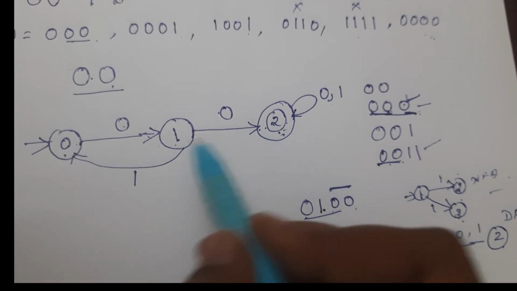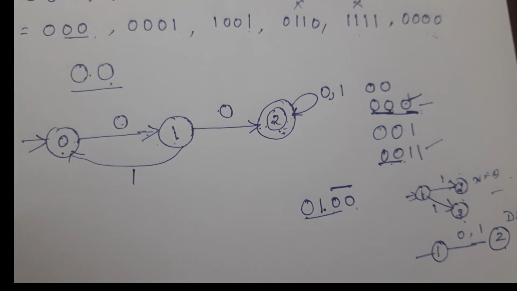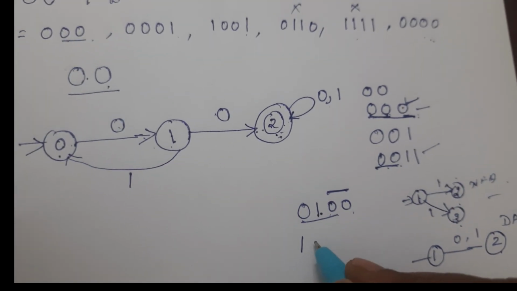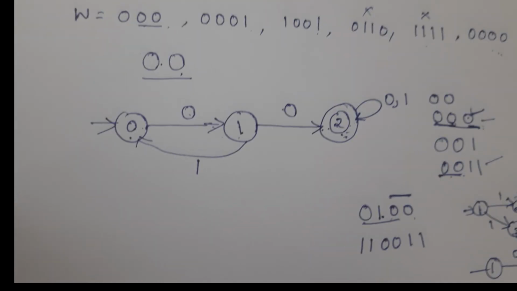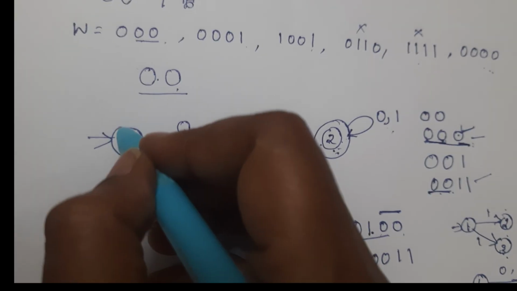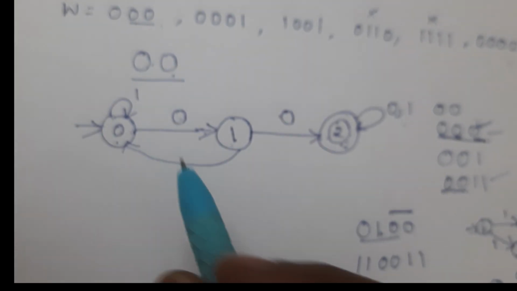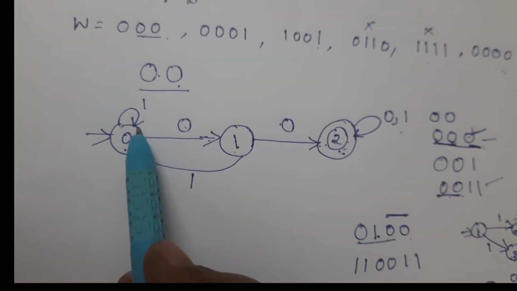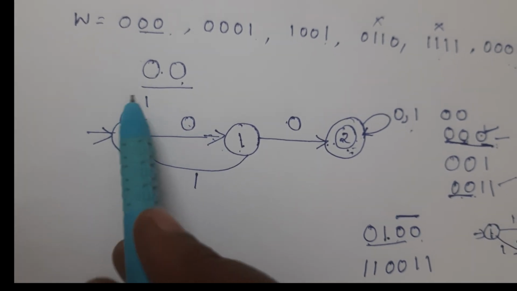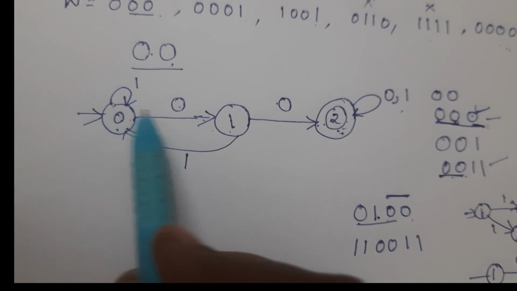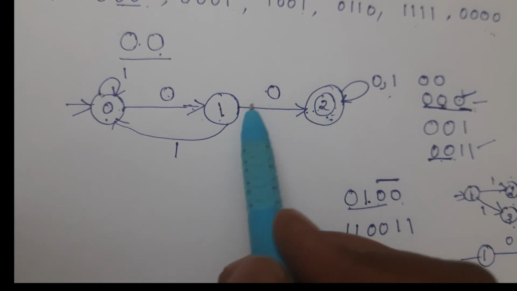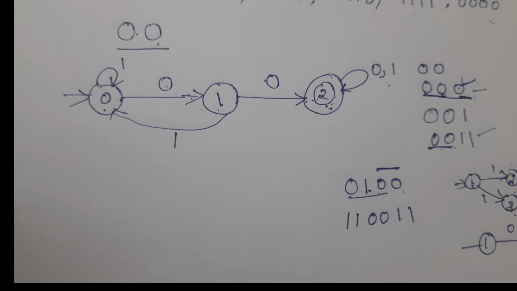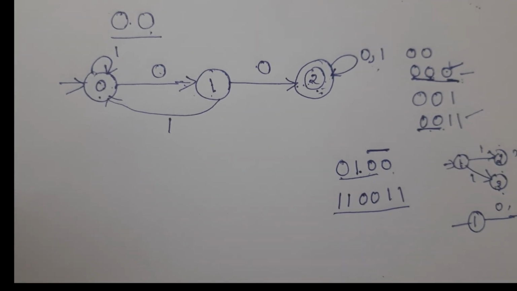Whatever you did here, you can make it here as well. I just made a self loop, so any number of zeros that you give, it will stay in the start state only. The moment you give 0, it will come here. The moment you give 1, it will come back. At the second 0, it will come here, which is the accepting state. So this pattern gets accepted.